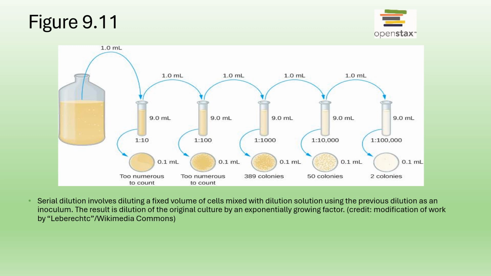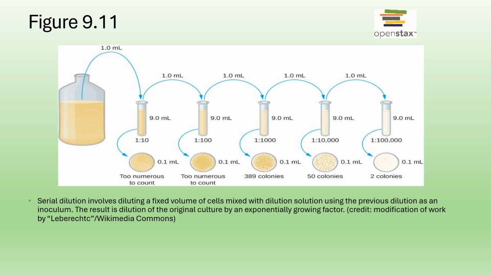Now, what happens here is you are taking a sample out of each of the test tubes and plating it. And that's where you either do a pour plate or a spread plate. In this case, it looks like they took out 1/10 of a ml. So this is complete lawn. You can't see individual colonies. This is so many of them on there.